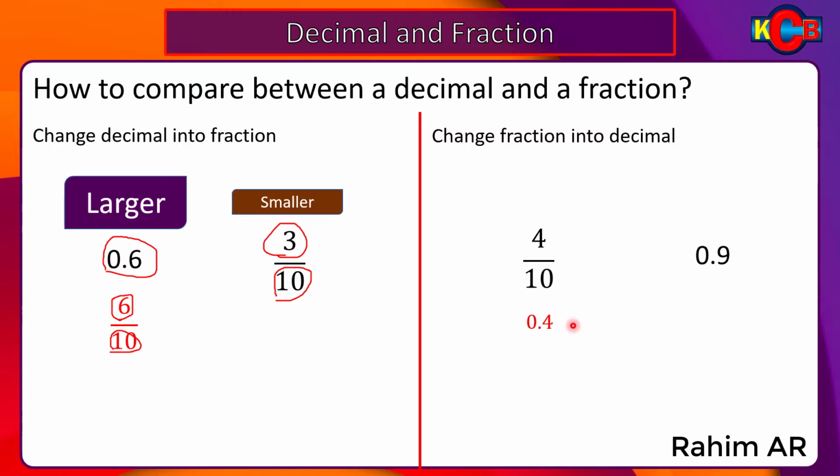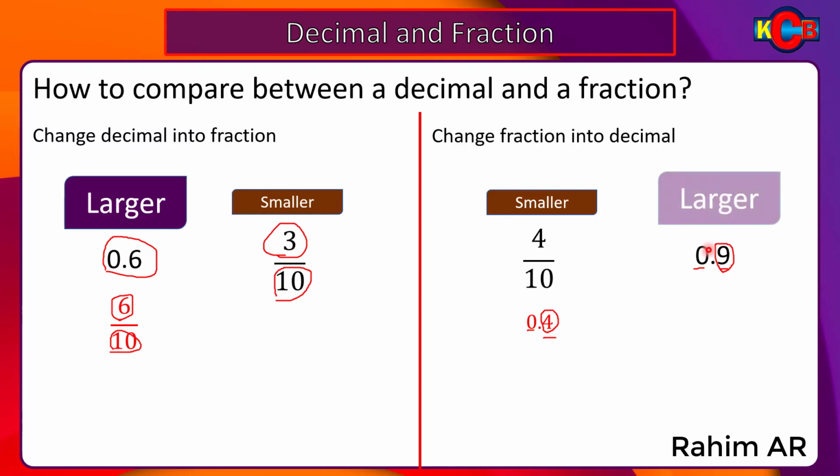We already learned that to compare between two decimal numbers, we just compare the number at the place value tenths, because the whole number digits are both 0, so we directly compare 4 and 9. Since 4 is smaller than 9, therefore 4/10 is smaller and 0.9 is larger.